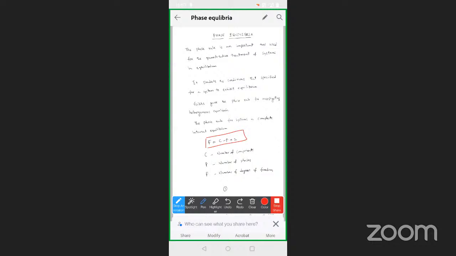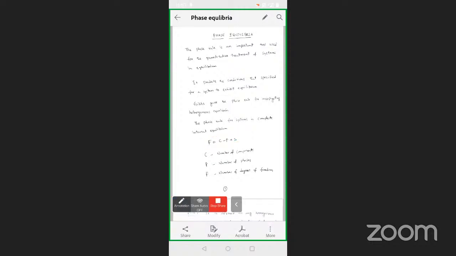Whenever we read a phase rule, we come across F equal to C minus P plus 2. Here C is the number of components, P is the number of phases, and F is the number of degrees of freedom.